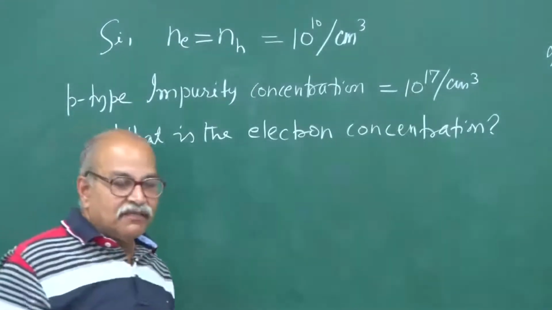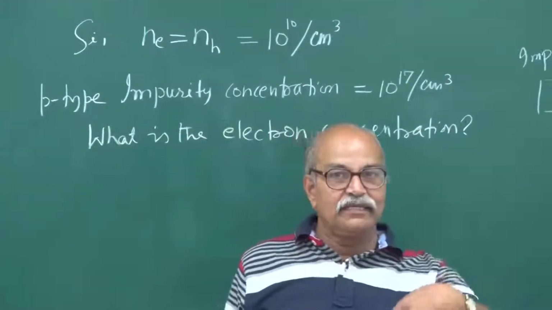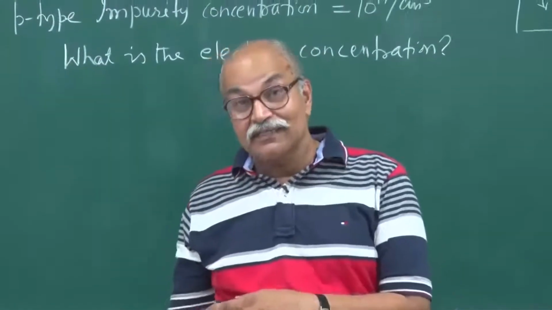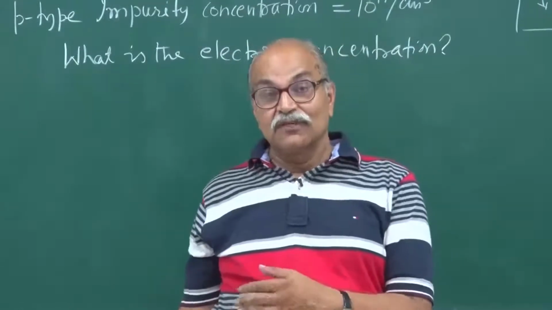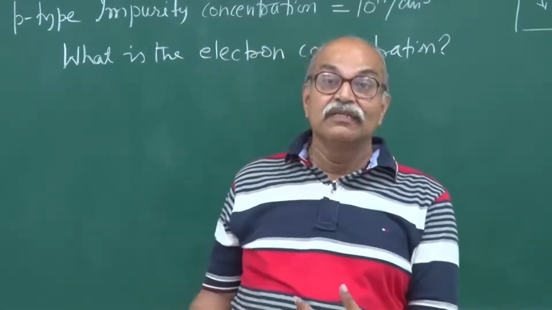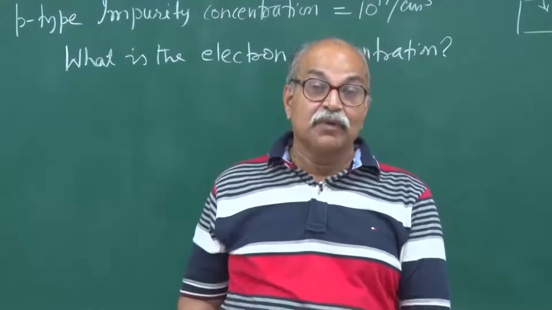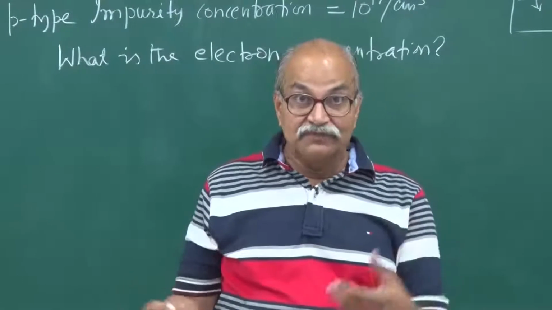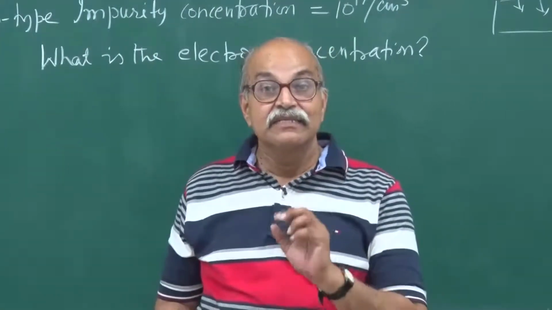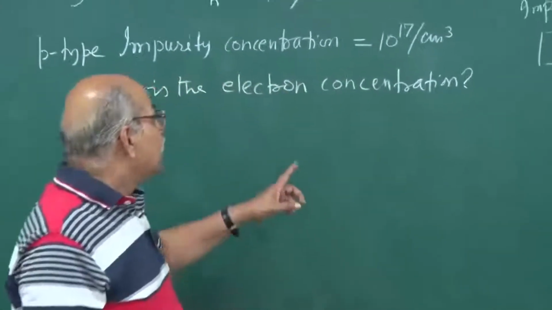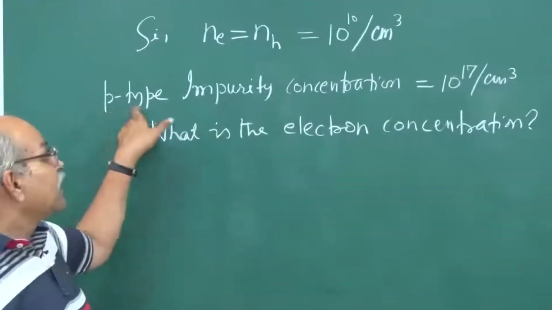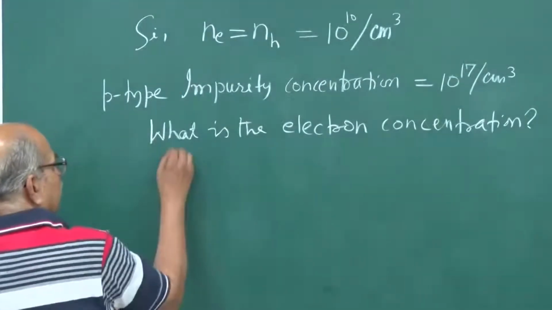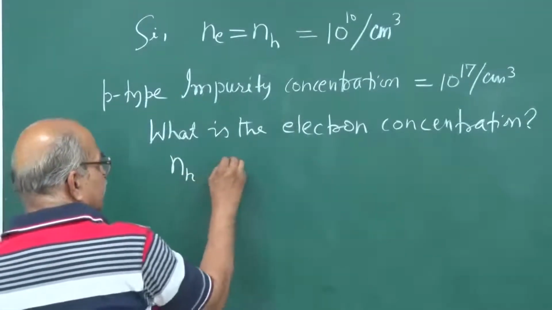So you remember when we dope a certain impurity, the concentration of the other type of carrier goes down because of increased hole-electron recombinations, and the product of the concentrations of those two types of charge carriers remains the same. So if I am doping a p-type impurity, then definitely this NH, the hole concentration, is increased.